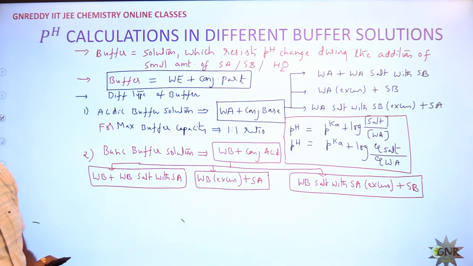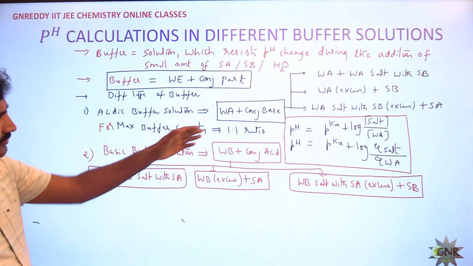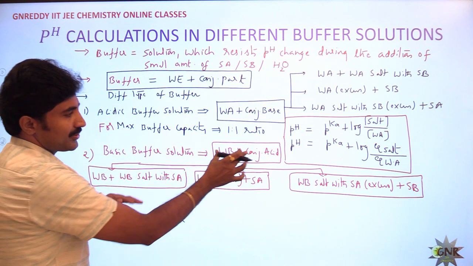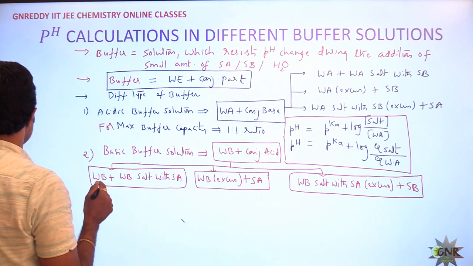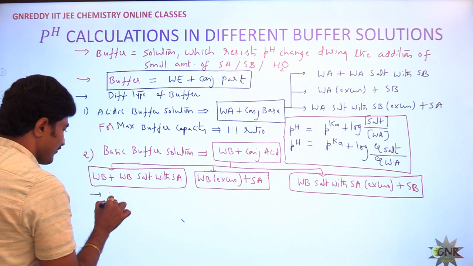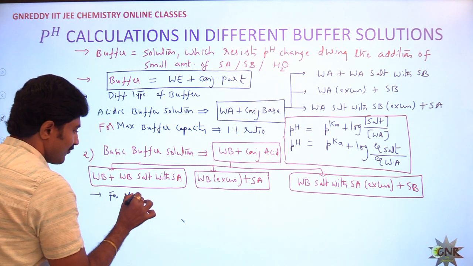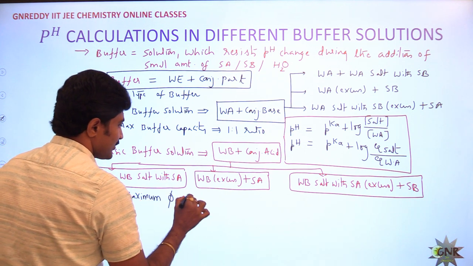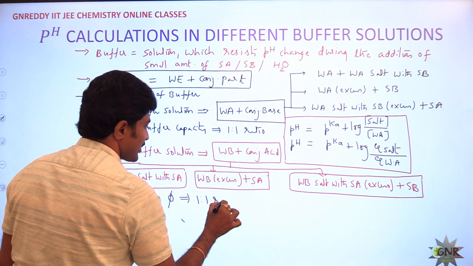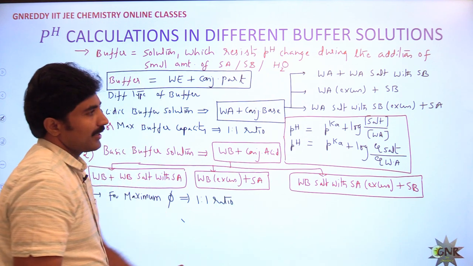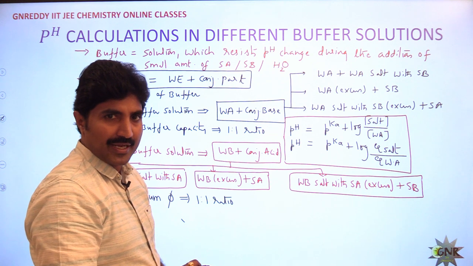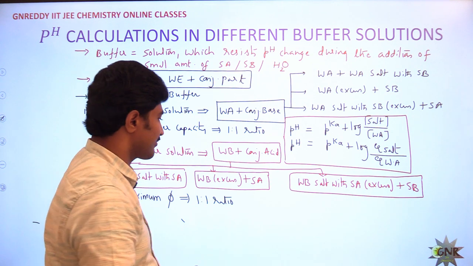From an examination point of view, we can notice this. Here also, for maximum buffer capacity, this combination must be in 1:1 ratio. Like the acidic buffer solution, for basic buffer solution also we can calculate pOH by Henderson's equation.